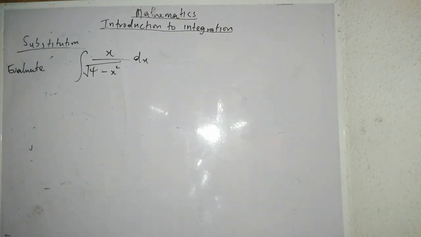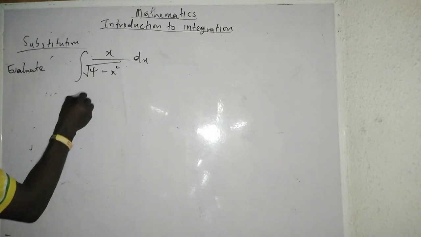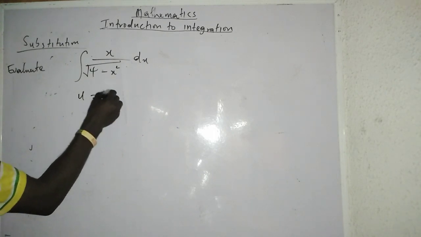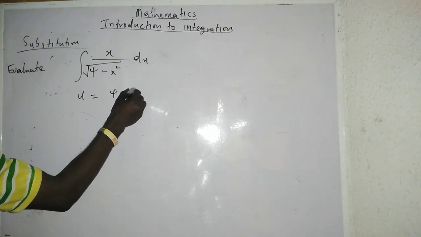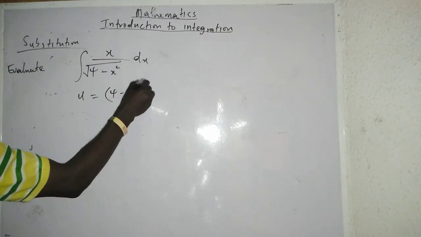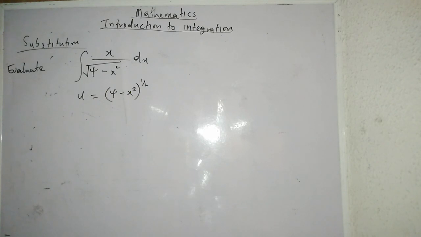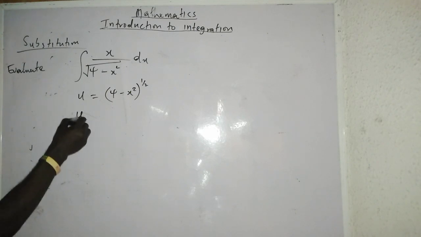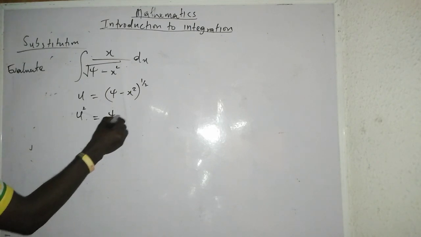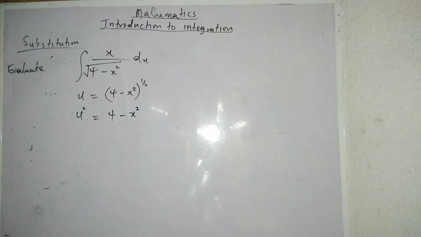I can solve it in another way. If I like, I can say my u equals 4 minus x squared, bracket to the power 1 over 2. So u squared equals 4 minus x squared.